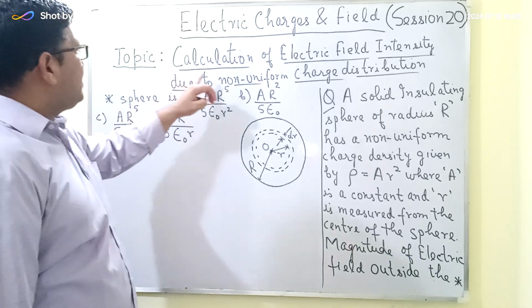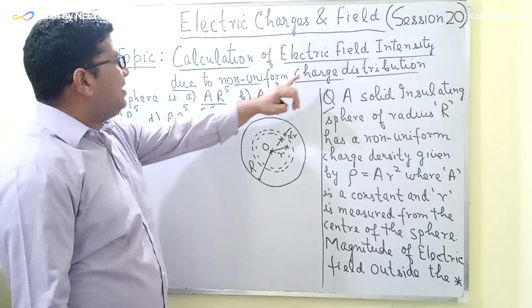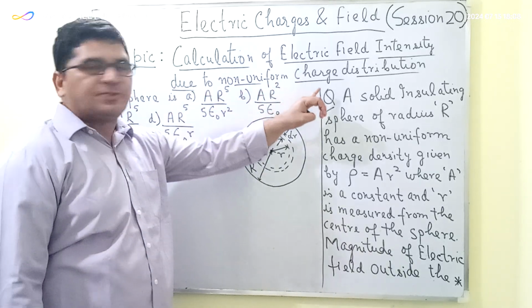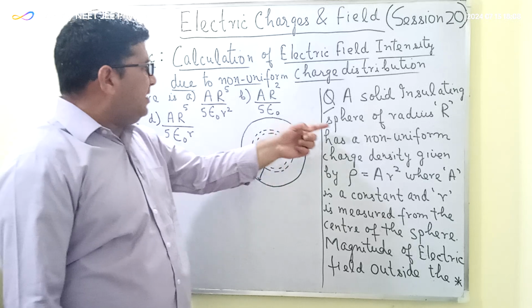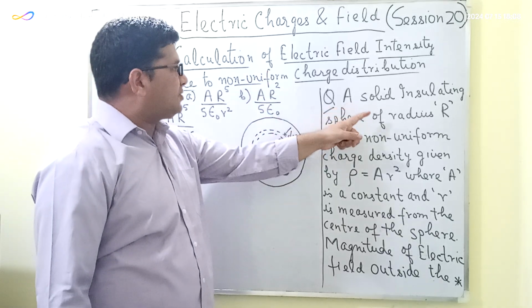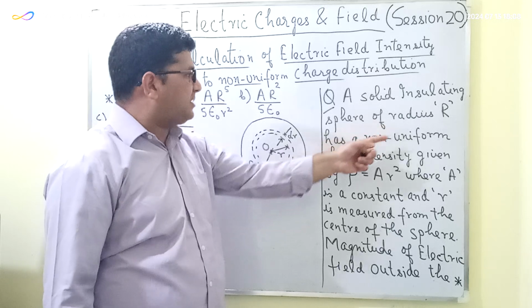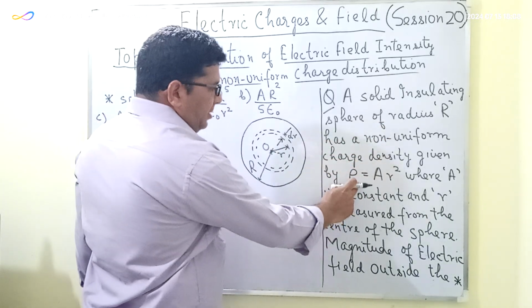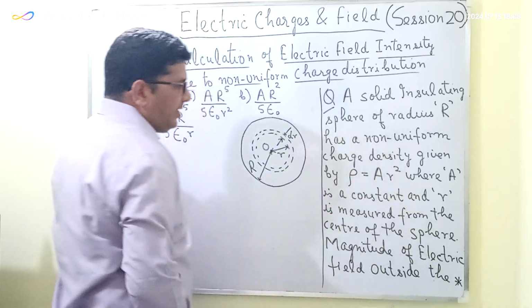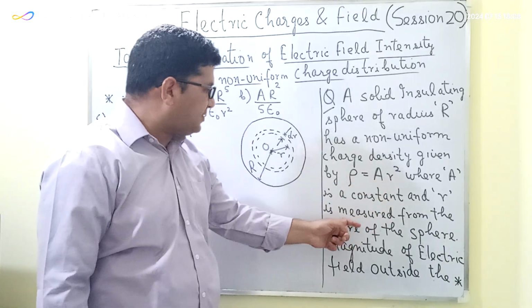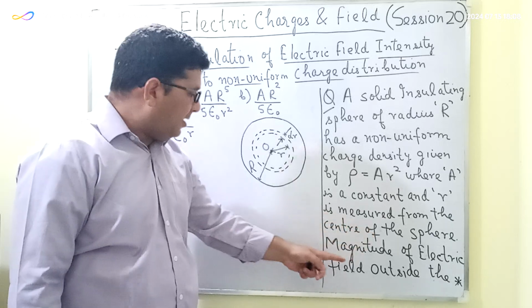The topic for this session is the calculation of electric field intensity due to the non-uniform charge distribution. So I have taken here one question which pertains to this topic, and the question is: a solid insulating sphere of radius capital R has a non-uniform charge density given by rho is equal to A r square, where A is a constant and this small r is the distance measured from the center of the sphere.